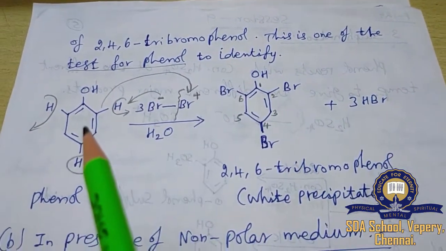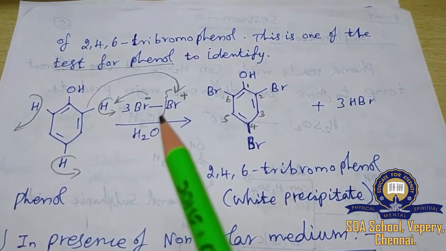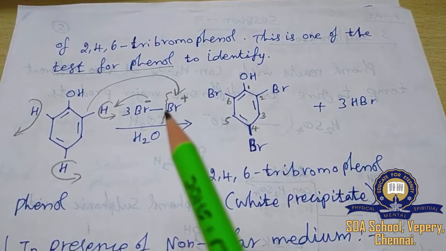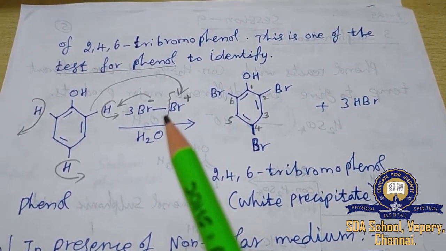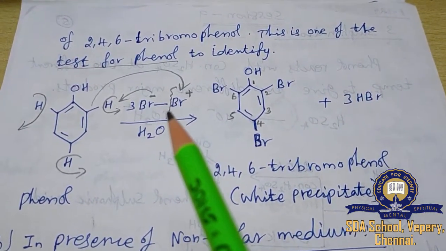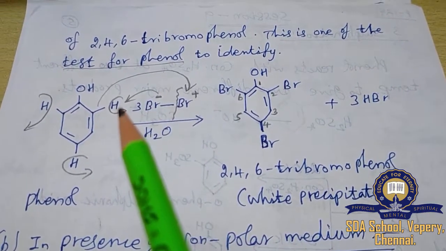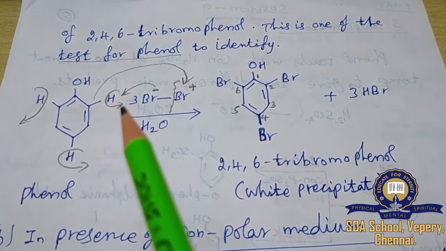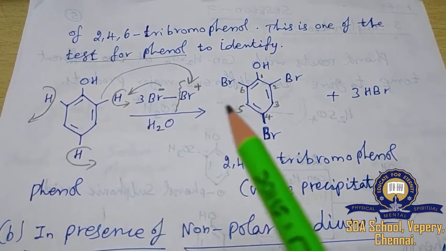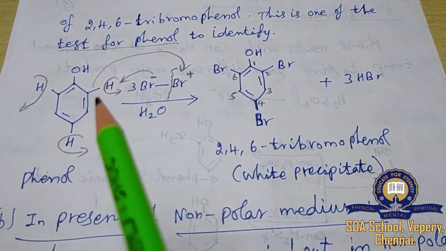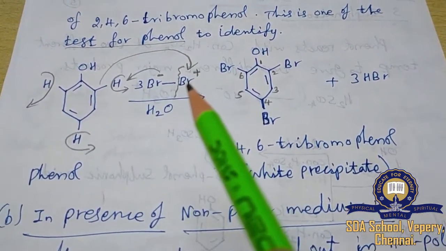Listen, phenol is allowed to react with bromine water. Here the bromine molecule is cleaved by heterolytic cleavage, that is fission. That Br minus combines with the H plus ion, which comes from the benzene ring, to form hydrobromic acid. Now this bond is used to capture the Br plus.